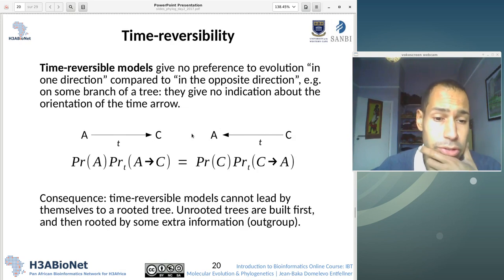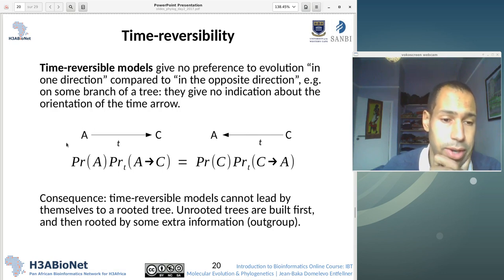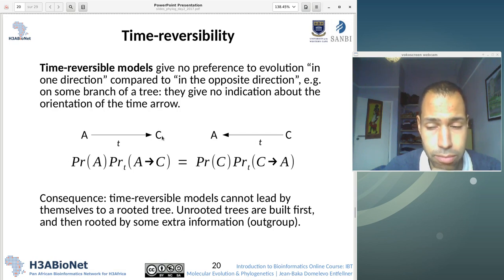Time reversibility now is basically the property that when you have on one end of a branch an A, and on the other end of that same branch a C, you don't know.